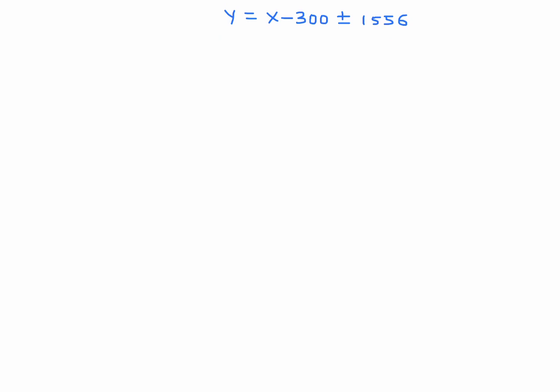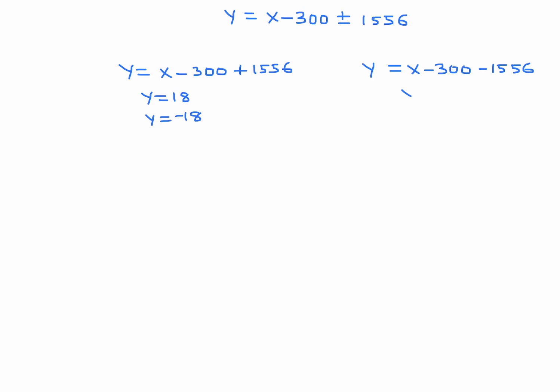So the first intersection is between y is equal to x minus 300 plus 1,556, and y is equal to 18, and y is equal to minus 18. And the next two A points will be the intersection of y equals x minus 300 minus 1,556 with the lines y equals 18 and y equals minus 18. All right, so here we go.